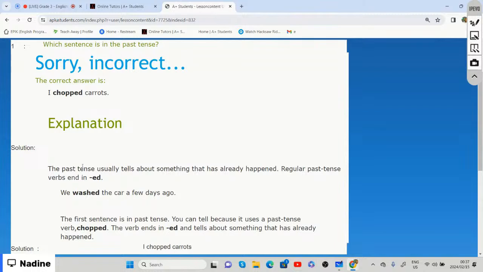So we see that the past tense usually tells us about something that has already happened. And when it comes to the regular past tense, we either add ed, or if our verb ends with an e, then we add a d, or if our verb ends with a y, we remove the y and we add ied.